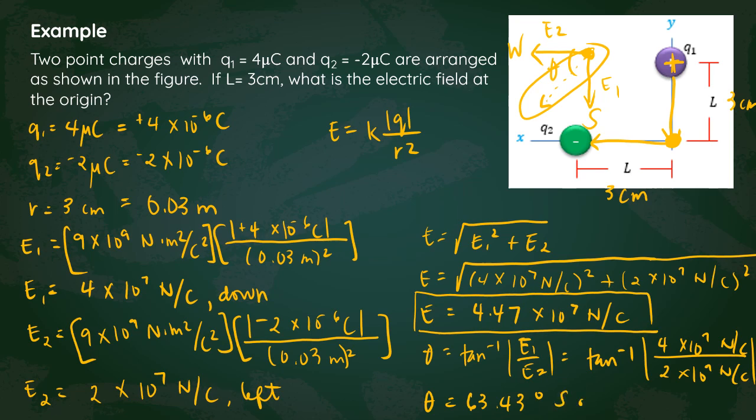Therefore, this point here will have an electric field of 4.47 times 10 raised to 7 newtons per coulomb, 63.43 degrees south of west. For every 1 coulomb of charge, it will experience a force of 4.47 times 10 raised to 7 newtons, directed 63.43 degrees south of west.